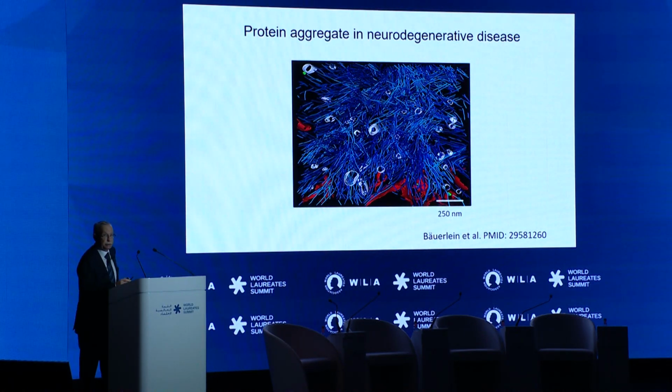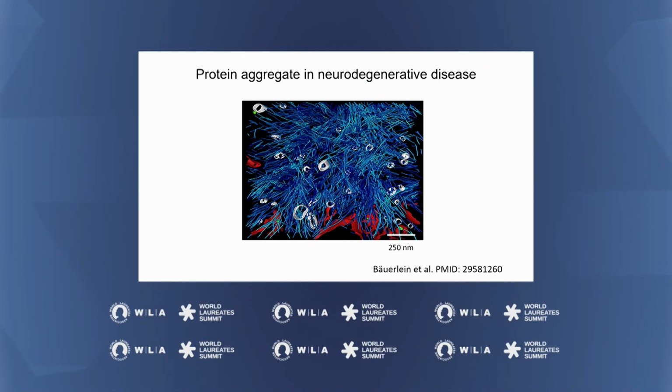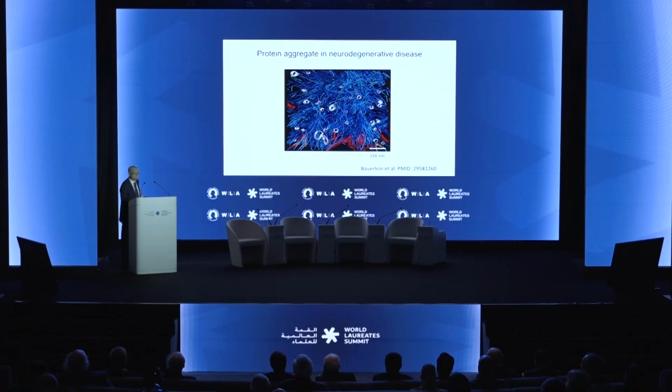We obtained this image by cryo-electron tomography in collaboration with the Baumeister group at my institute. The aggregates are seen in blue like a disordered array of spaghettis, and these aggregate deposits, as we could show, sequester various endogenous cellular proteins, and they also displace cellular structures.